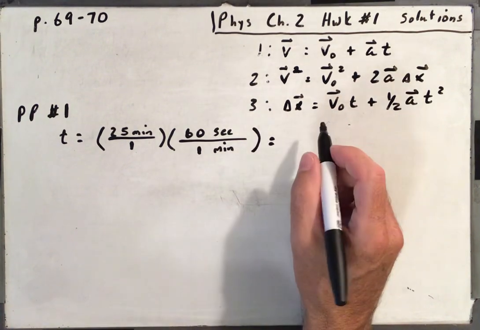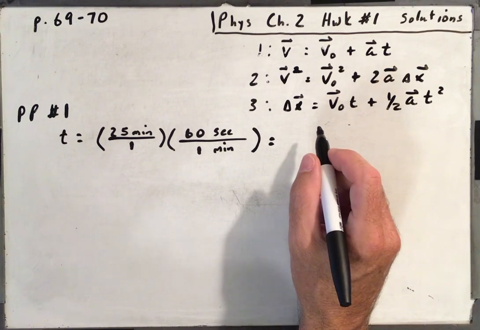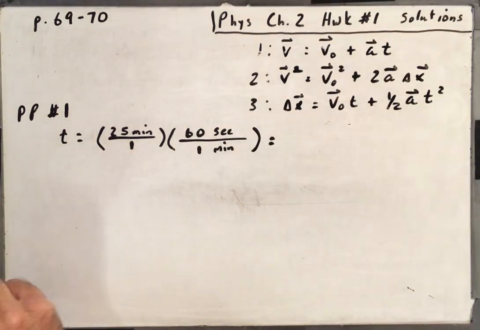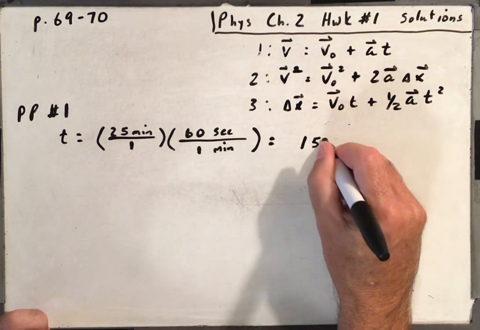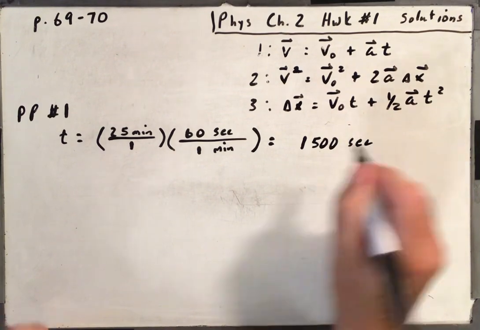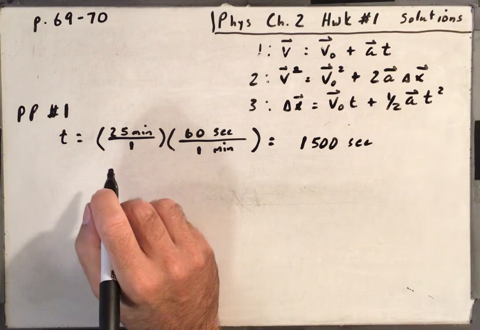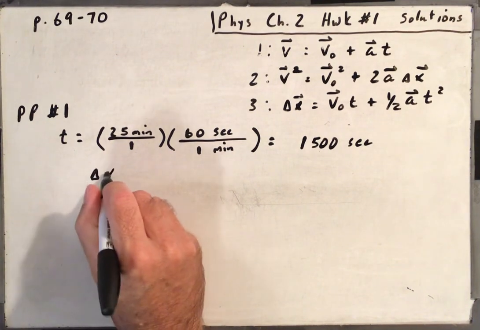So that's going to be 1,500 seconds. Okay, so we have time. We want to know how far. So delta x is what we want to know.